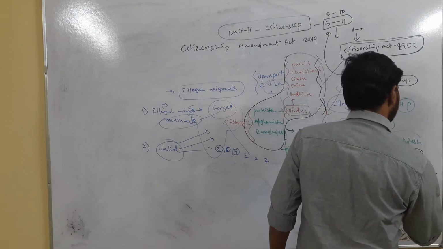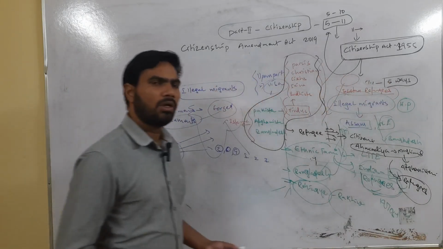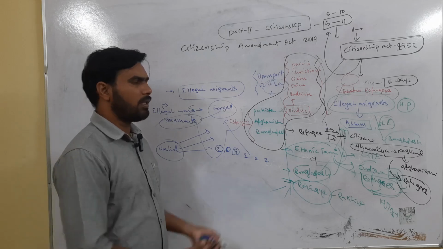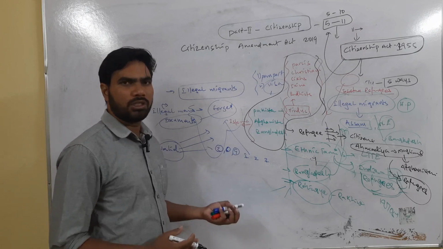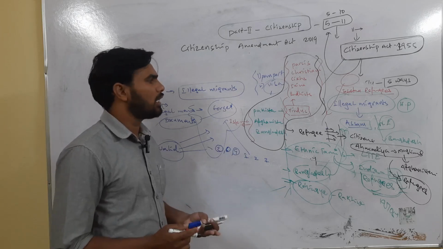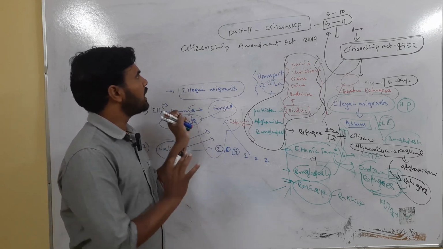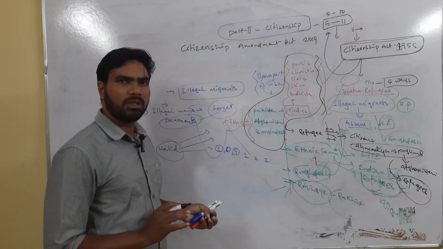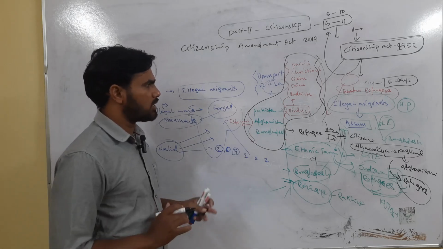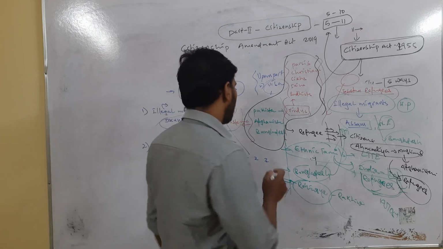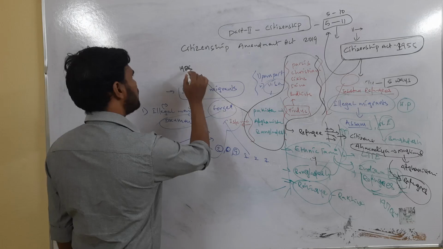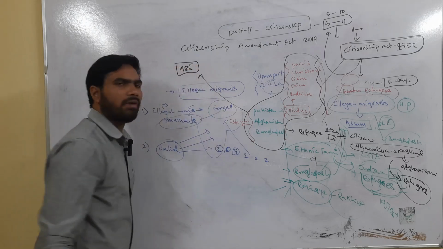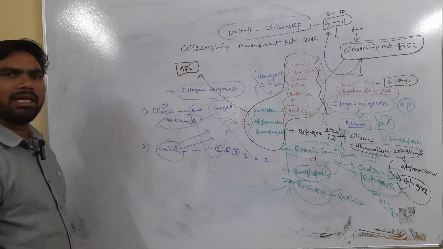So these are the various groups. Some of them are illegal migrants and some are refugees seeking refuge in the country. To understand the Citizenship Amendment Act of 2019, you have to understand these groups. Then we will complete this discussion on why there was an amendment to the Citizenship Act in 1985.